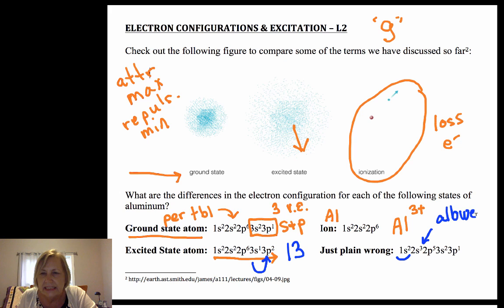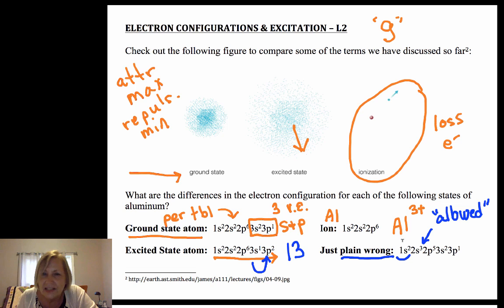What that means is it's not physically meaningful. It just doesn't happen. The model doesn't match the behavior we see. So that is simply not allowed. This is just plain wrong. It's not excited. It's just wrong.